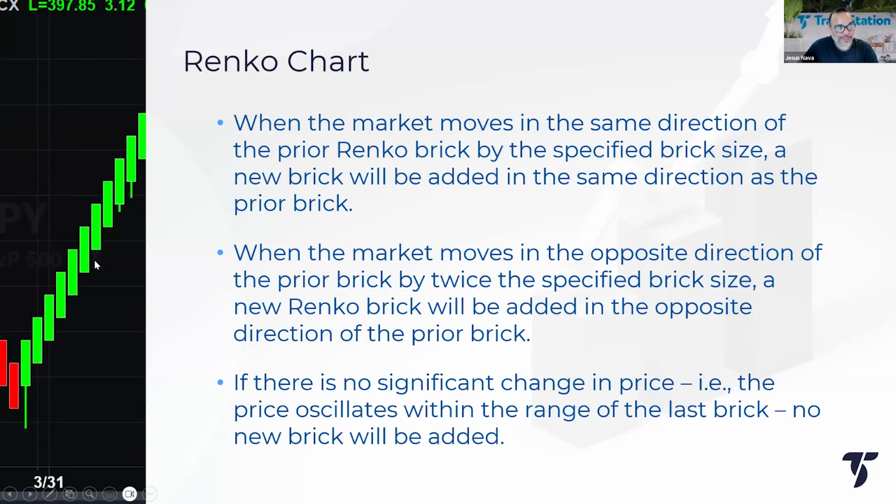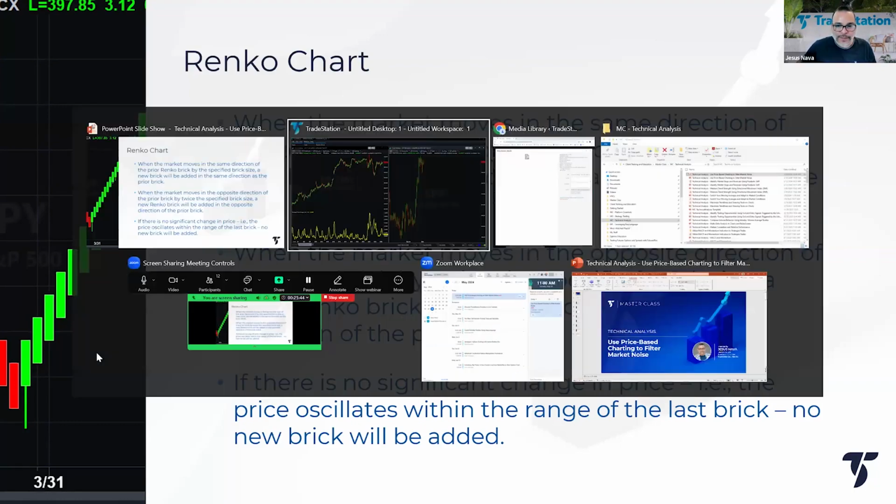If the price eventually comes down, it would have to come down the length of that green box and then another one, so that it knows that it has to switch over to a sequence of red boxes showing that reversal. Okay, there we go.